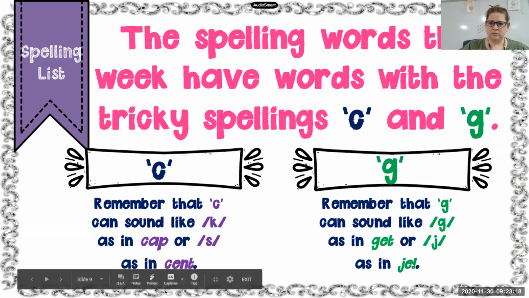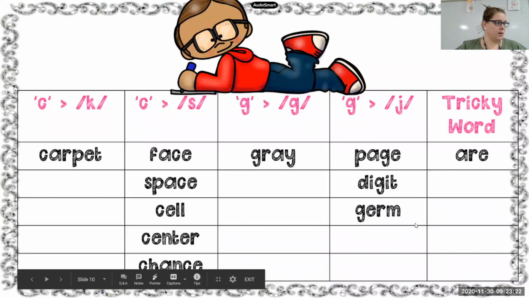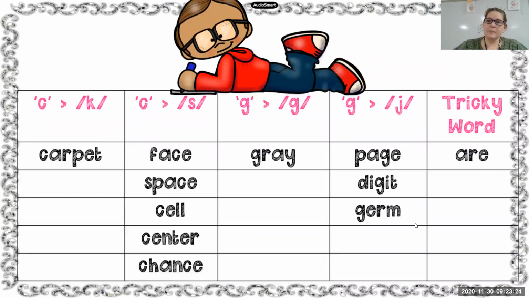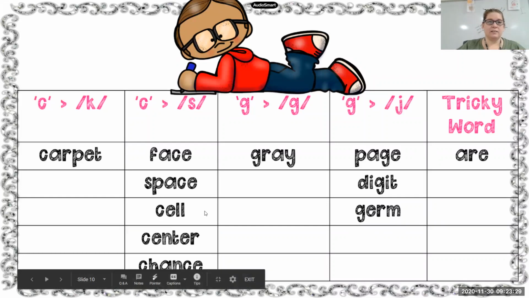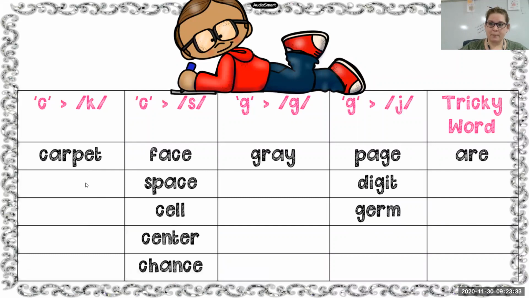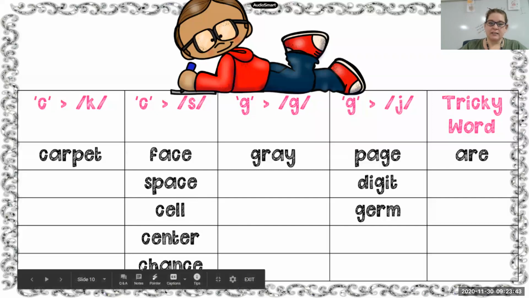That is spelled wrong. That is supposed to be a G. All right, so here are your spelling words for this week. We have the letter C with the K sound in carpet. We have the C that has the S sound like face, space, cell, center, and chance.